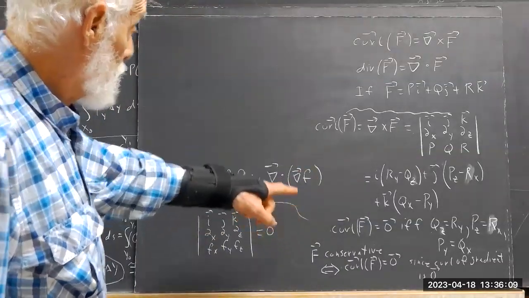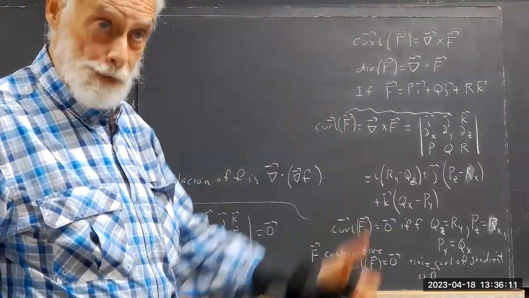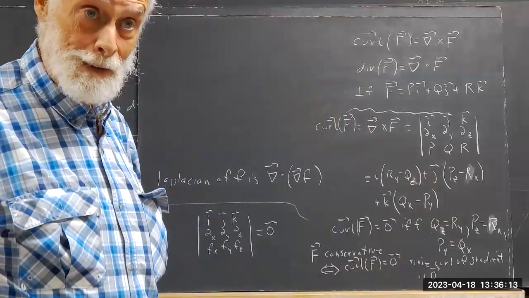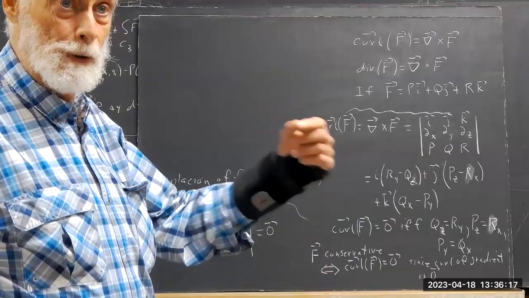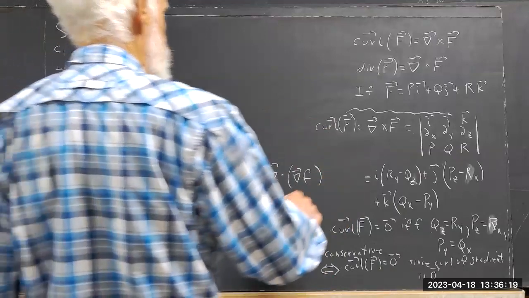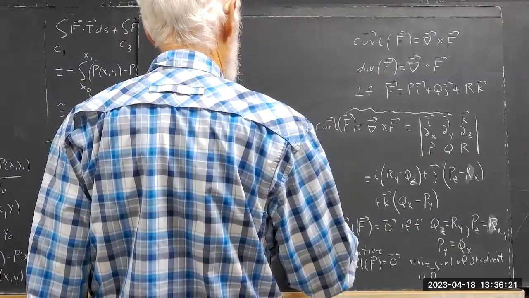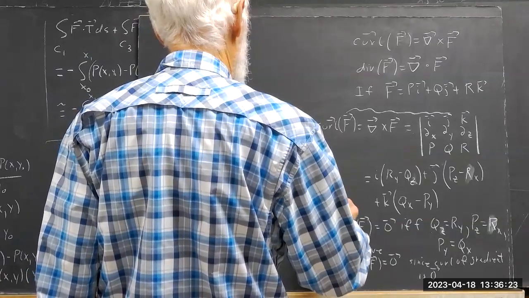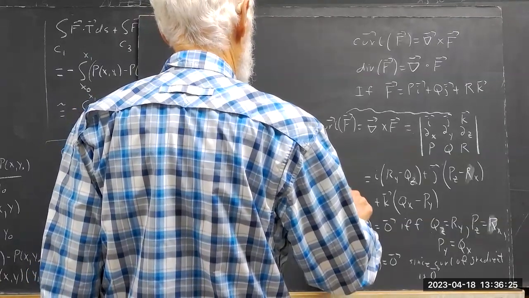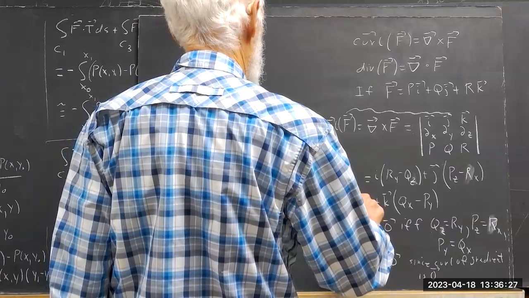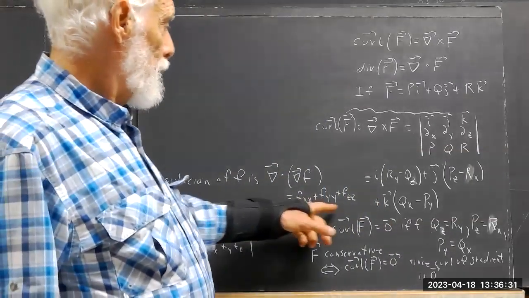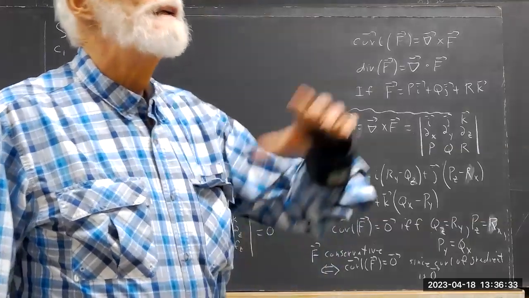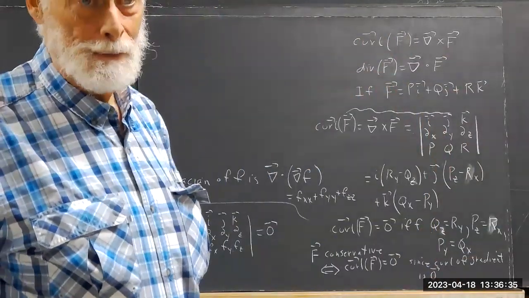And if you just write out what's the gradient of f, it's f_x i plus f_y j plus f_z k. And then dot that with this, you get f_xx plus f_yy plus f_zz. Okay. If this happens to be zero, you've got the smoothest possible function.